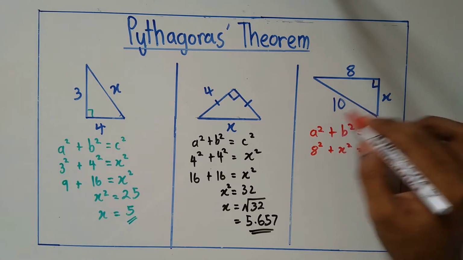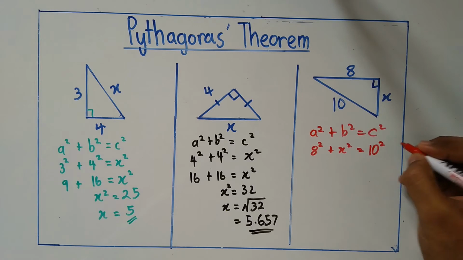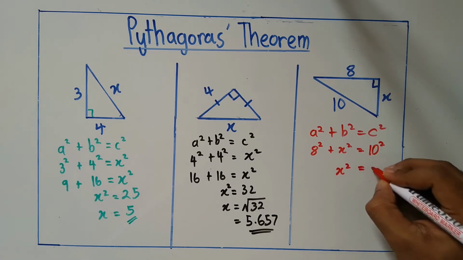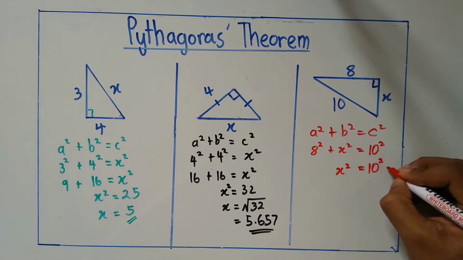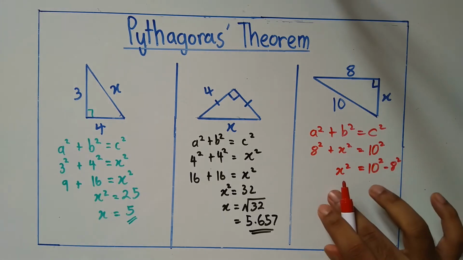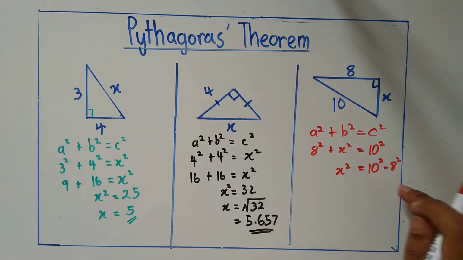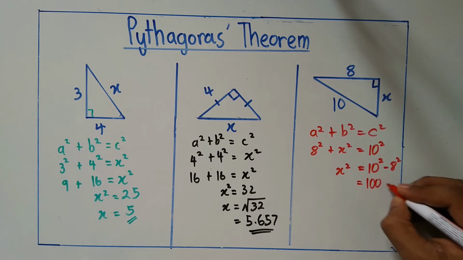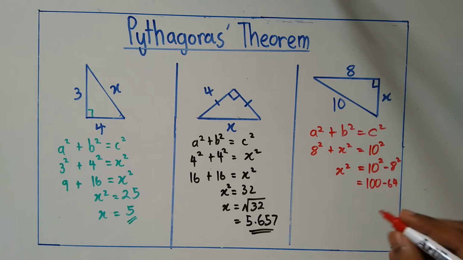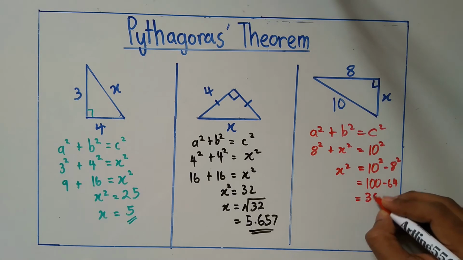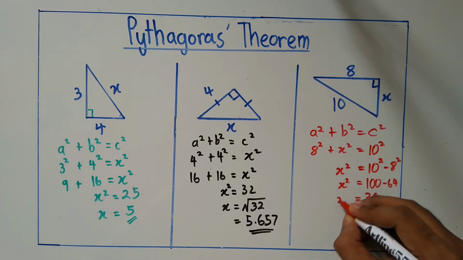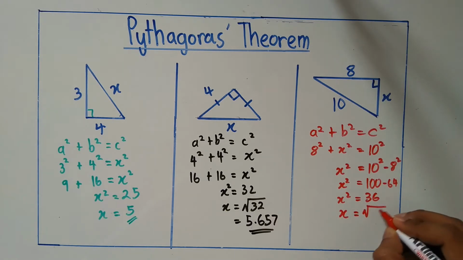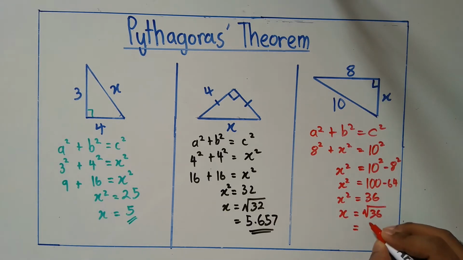Equals c is 10. The value of x squared equals 10 squared minus 8 squared. Solve for x, you'll get 6.